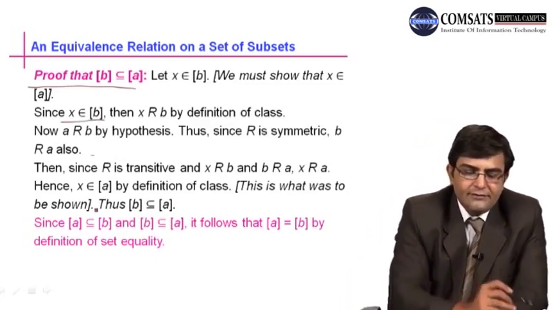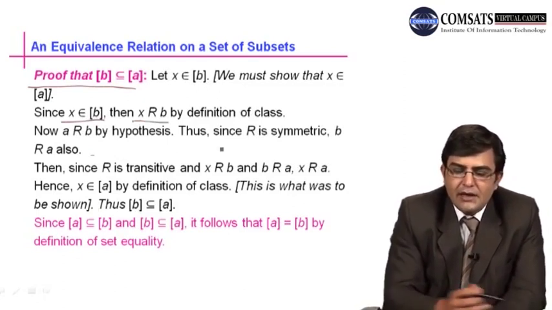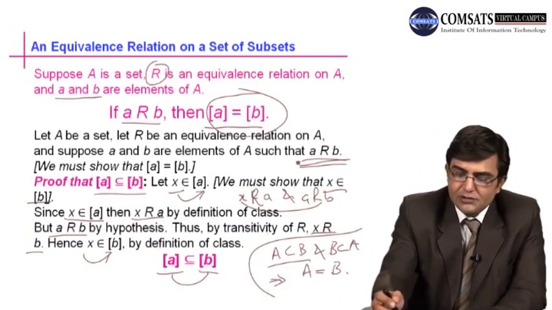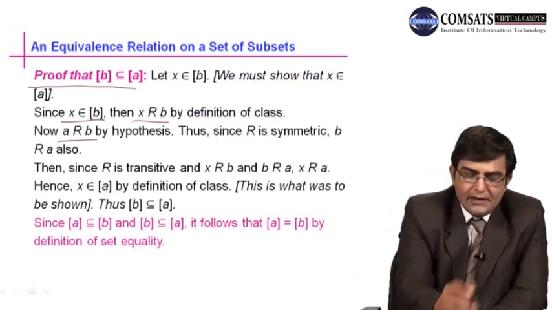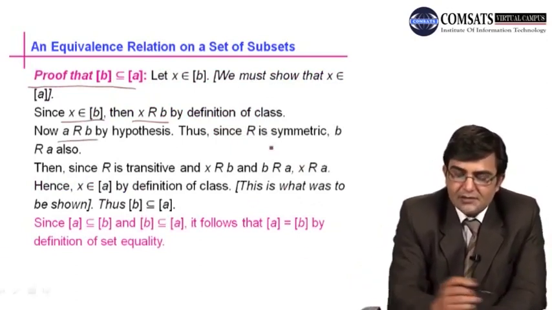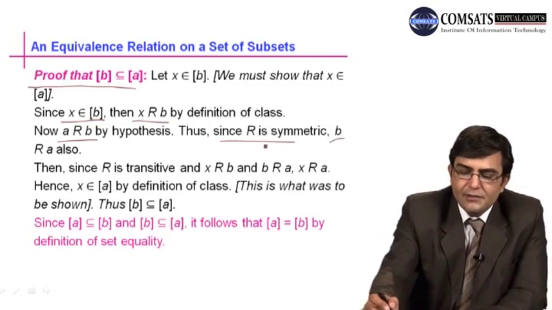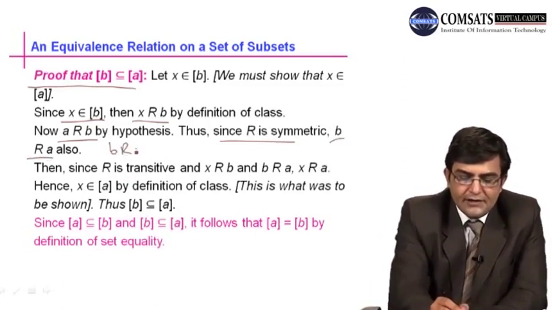Now if x belongs to the class of b, then x is related to b, and we have supposed that a is related to b, by the hypothesis. Since R is an equivalence relation, R is symmetric, so we can write that b is also related to a, that is, b is related to a.